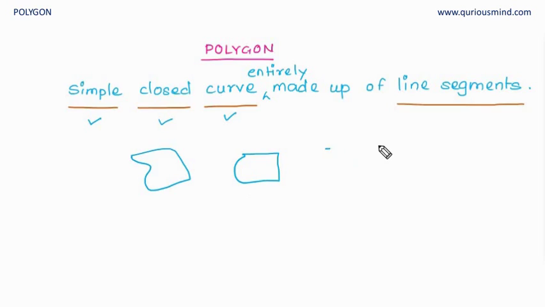But what is a polygon is, I need to have, this is a polygon. This is a polygon because it is made up of entirely line segments. It is a curve, it is simple, it is closed and entirely made up of line segments. So that is very important. So simple, closed, curve and line segments. These are important words in the definition of a polygon.